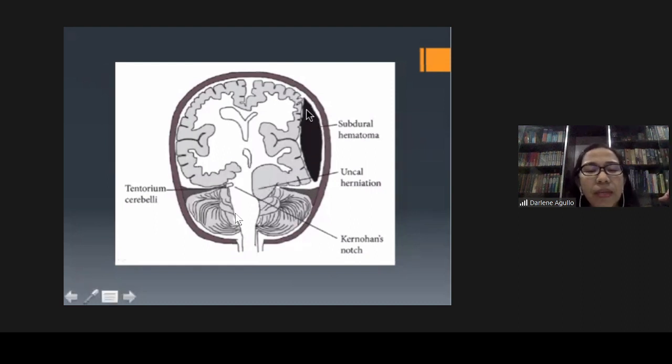This is the uncus, no? If you have a lesion here, for example, a subdural hematoma, kung di siya ma-evacuate, you'll have uncal herniation. Maiipit yung contralateral midbrain mo sa contralateral tentorium cerebelli. So this is actually, yung Kernohan sign is a false localizing sign.